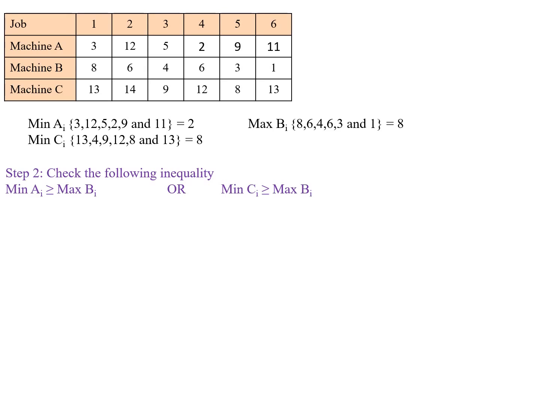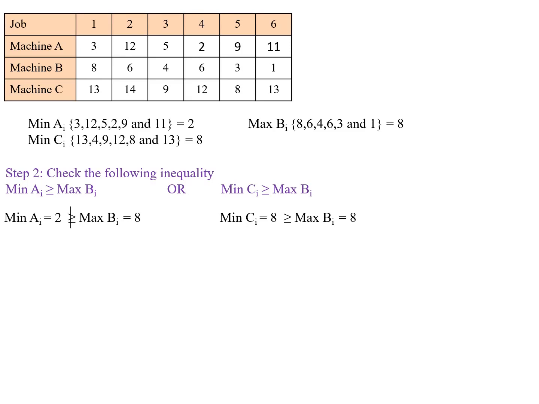Here the minimum value for machine A is 2 and the maximum value for machine B is 8. Similarly, the minimum value for machine C is 8 and the maximum value for machine B is 8. Then 2 is not greater than or equal to 8, and 8 equals 8. The second inequality is 8 equals 8.